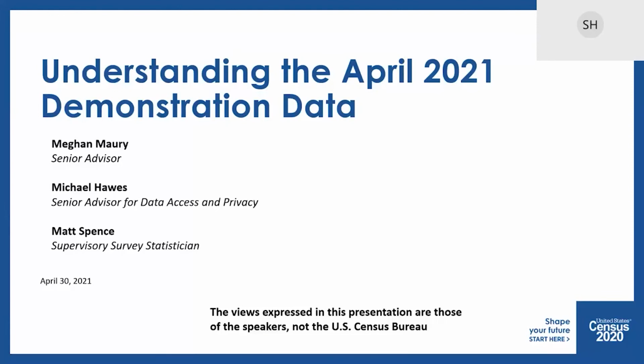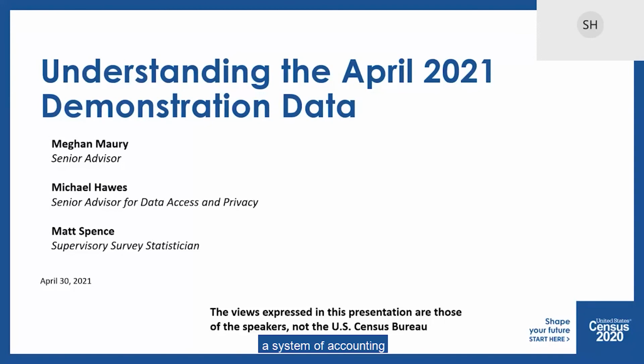With that, let's start with a tiny bit of terminology to make sure everyone understands the terms we're using in this webinar. First, I want to make sure that people understand that we're talking about disclosure avoidance systems. A disclosure avoidance system is a tool we use to protect the privacy of respondents by ensuring that the information they provide to the Census Bureau stays confidential. It's kind of like an umbrella term that helps us describe what we're doing to protect confidentiality.